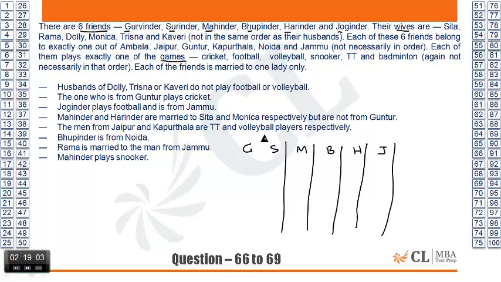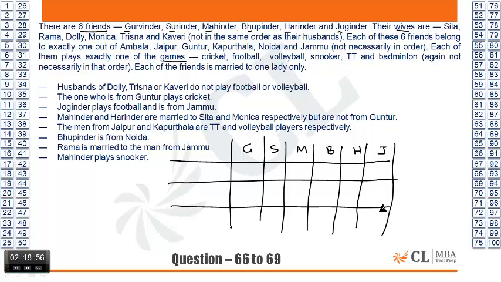I feel more in control if I draw these lines when it comes to LR. So we need 1, we need 2, and we need 3 things. Okay, so we need wives. Who are the wives? S, R, D, M, T, K. Okay, very good. So S, R, D, M, T, and K.